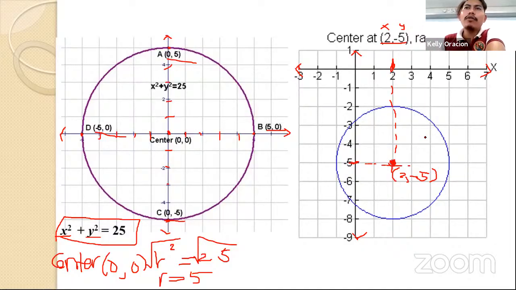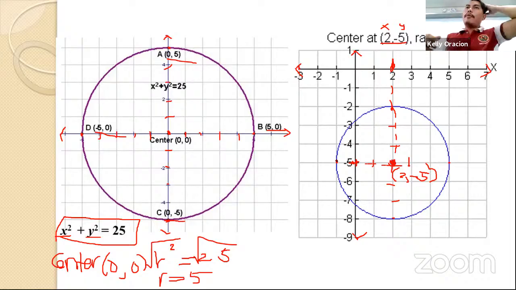If you count from the center to the next point, you have 1, 2, 3. Then 1, 2, 3. 1, 2, 3. So if you connect all of the endpoints, you will create a circle.